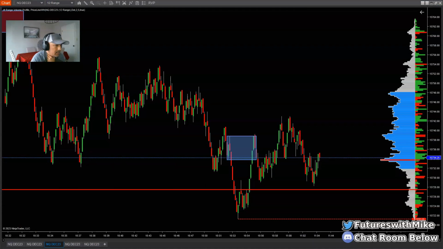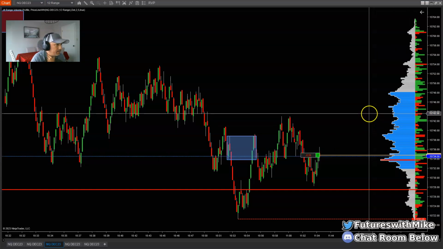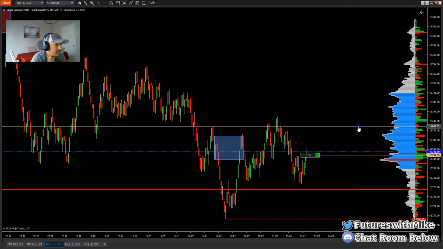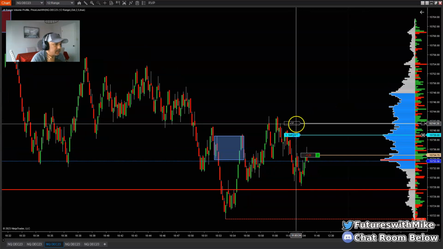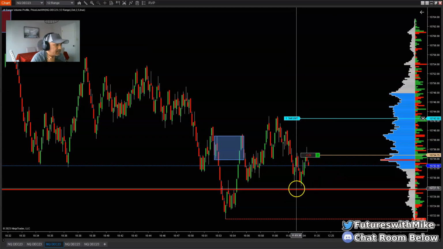Yeah, looks like it's trying to possibly push higher here. I'm going long. And man, went 2 contracts. This is an area of demand right here. I should have waited for it to come down to this area here.